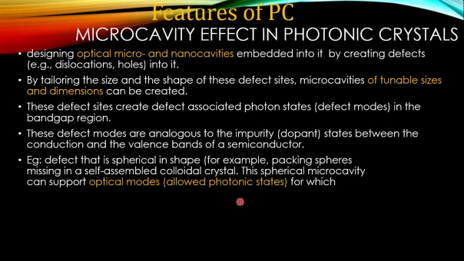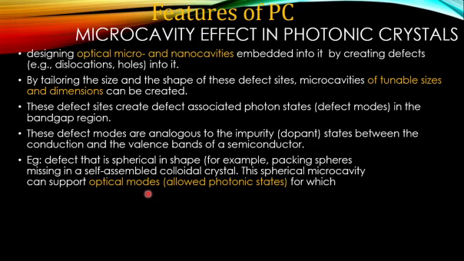So these defects are spherical in shape. For example, if you have a packing of spheres to form a three-dimensional photonic crystal, and one of the spheres is missing in that assembly, then that spherical cavity is called a microcavity, which can support an optical mode.